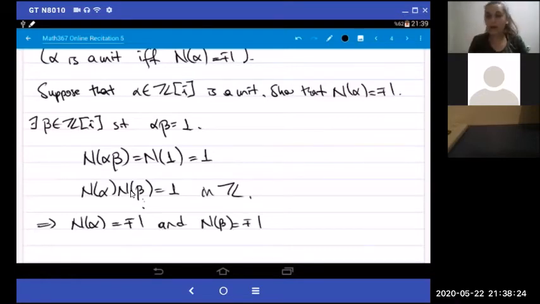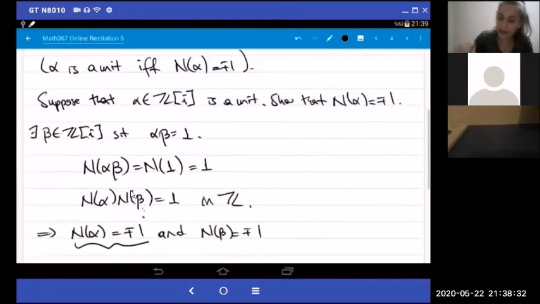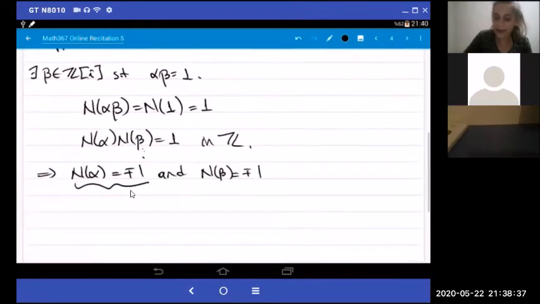Either both of them are 1 or both of them are minus 1. Now, at the beginning alpha is chosen to be a unit in our ring, and at the end the norm of that unit element becomes plus or minus 1.